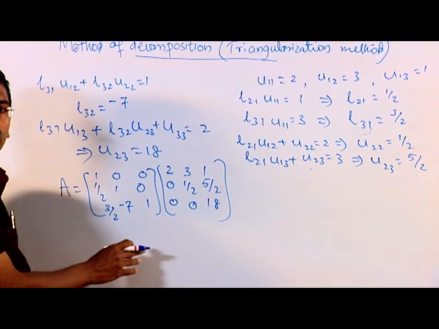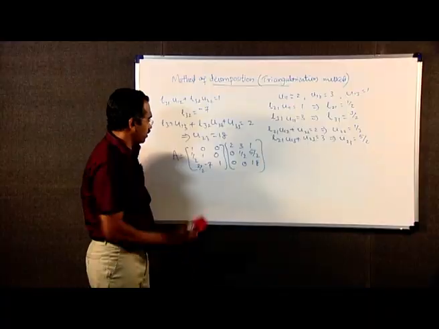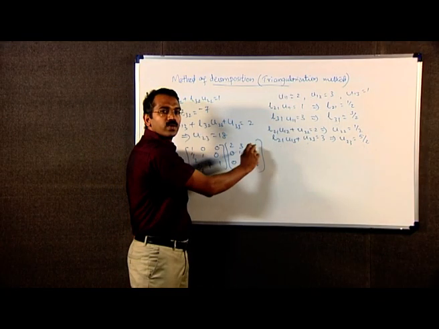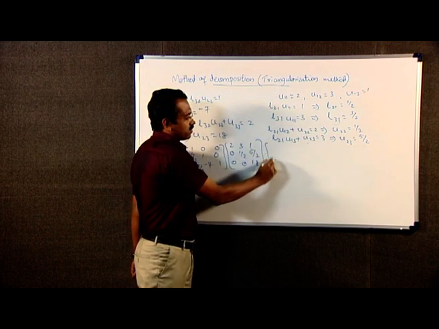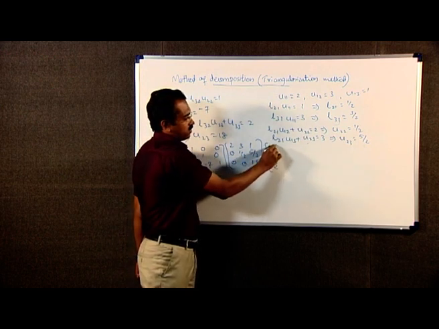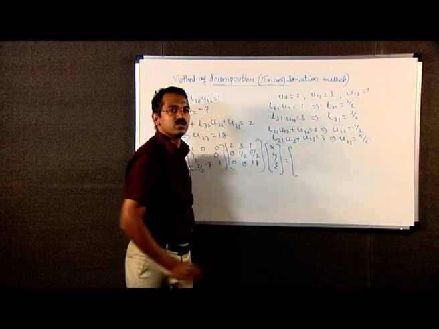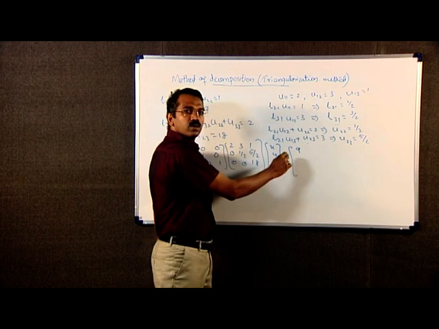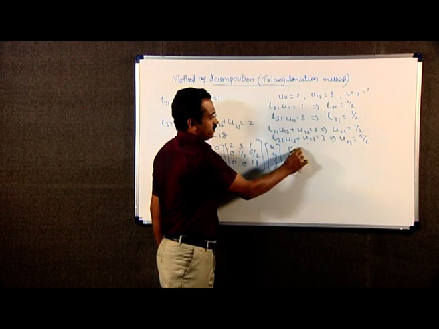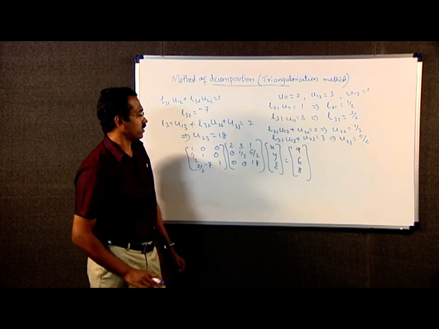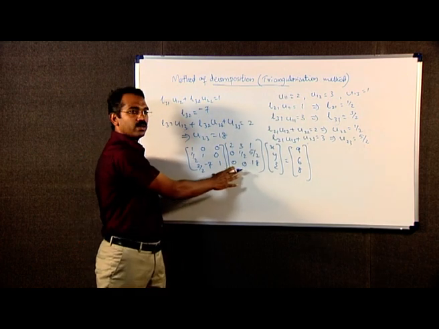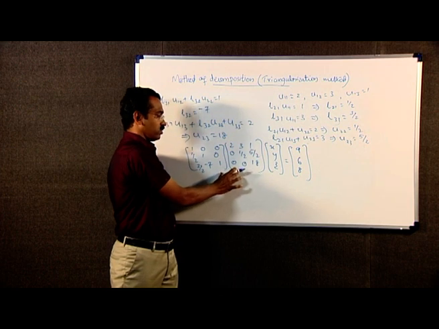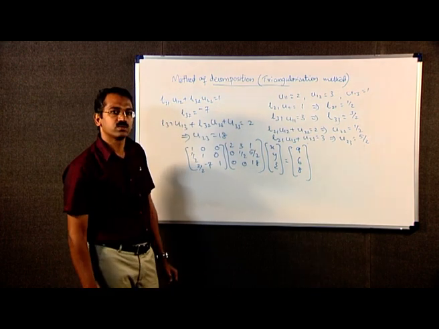And the given system of equations can be written as this into x y z is equal to 9 6 8, that is of the form Ax equal to B, where A is decomposed into a product of two matrices.